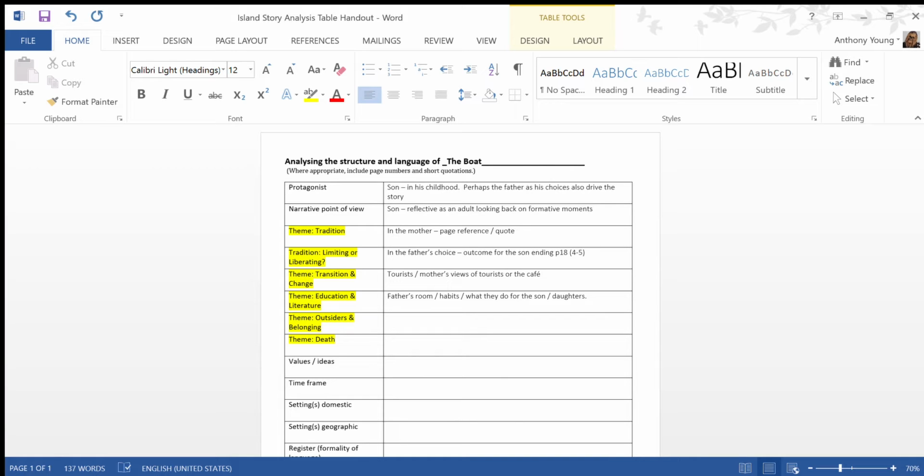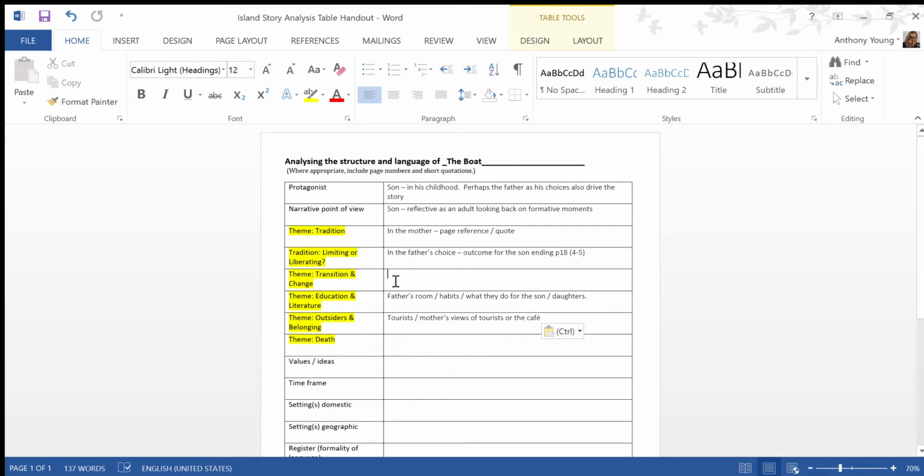We're on to outsiders and belonging. So in that case, sorry, I've stuffed up the order there. The nice thing about doing this in Word, obviously, is that the father's room is for education and literature. I've got transition and change in the wrong place. So the transition and change was outsiders and belonging here. Sorry, my mistake.